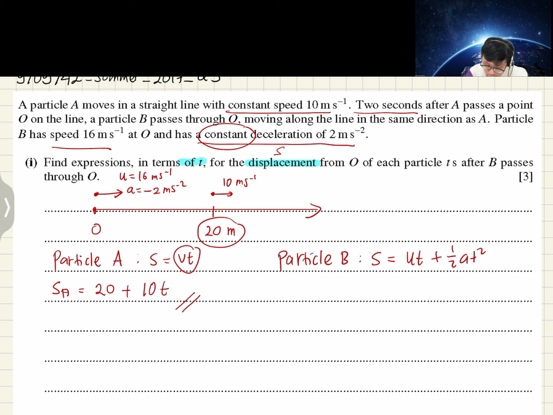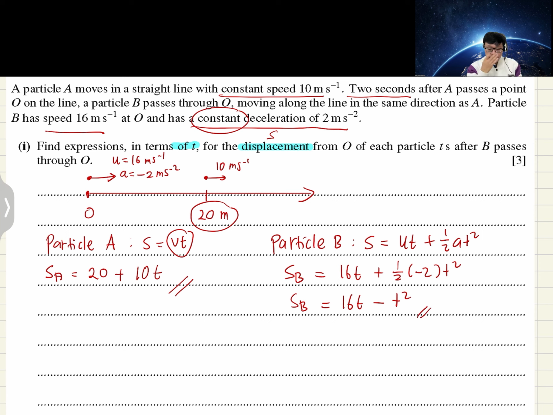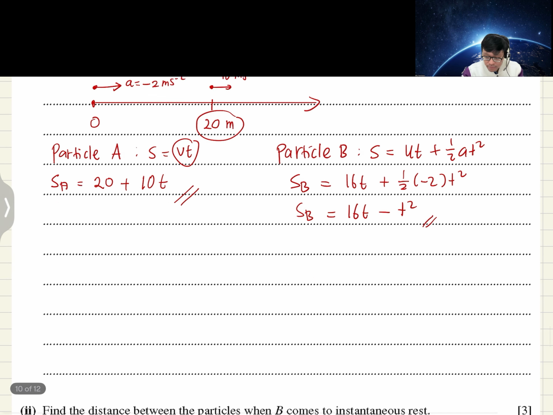Here u is 16, so 16t plus half, a is minus 2, t squared. So SB will equal 16t minus t squared. That will be the equation in terms of t for SA and SB.